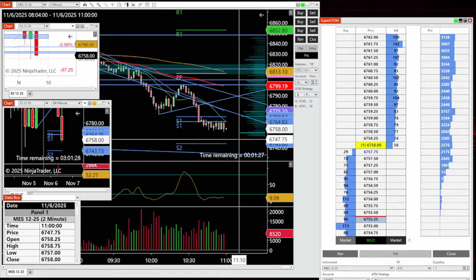Range bound right now, just ranging at the lows.